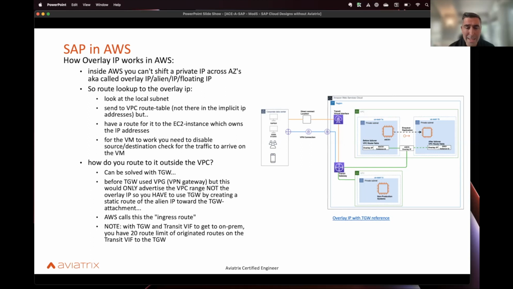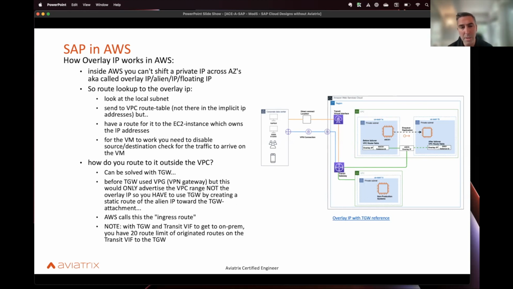So how do you route outside? It can be solved with a TGW. Before TGW, you had a VPN gateway, but the problem is the VPN gateway would only advertise the VPC range, not the overlay IP. So you couldn't use a VPN gateway. You had to use a TGW, and you had to create a static route for that alien IP towards the TGW attachment. AWS calls this an ingress route.